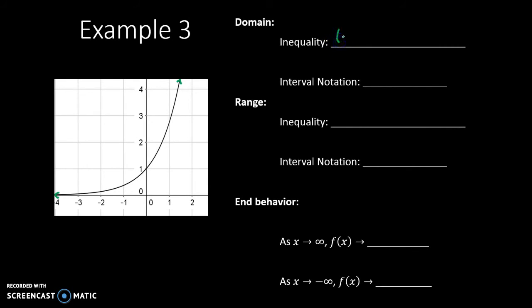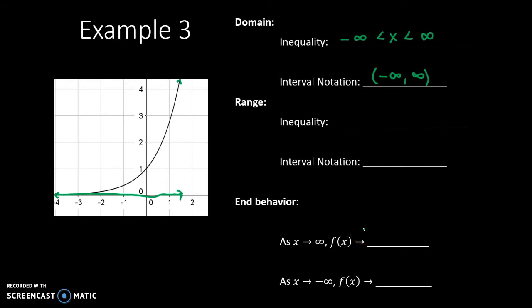So our domain is going to be, in inequality notation, negative infinity is less than x, and then I put my pencil on my furthest right-hand point, and this is really going up, but it's going a little bit sideways as well. So my inequality is going to be from negative infinity to infinity, and my interval notation would be negative infinity to infinity. Both of these 2 points, my furthest left-hand point has an arrow on it going sideways, and my furthest right-hand point also has an arrow on it.